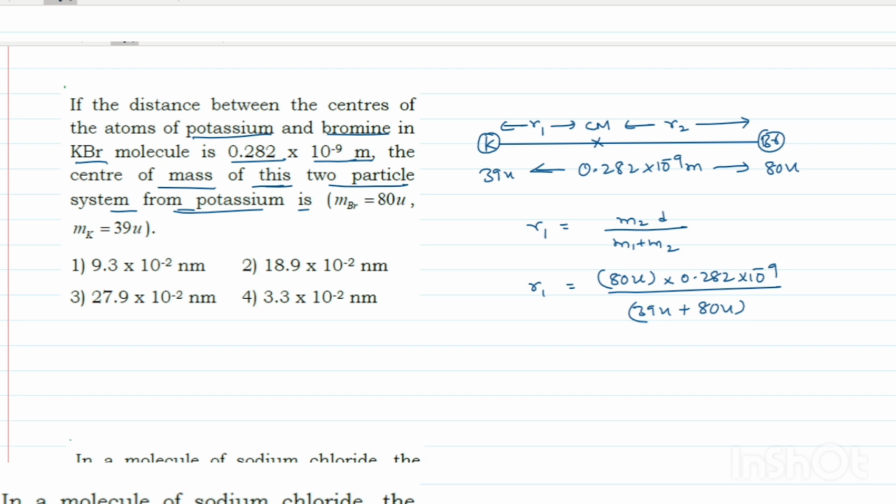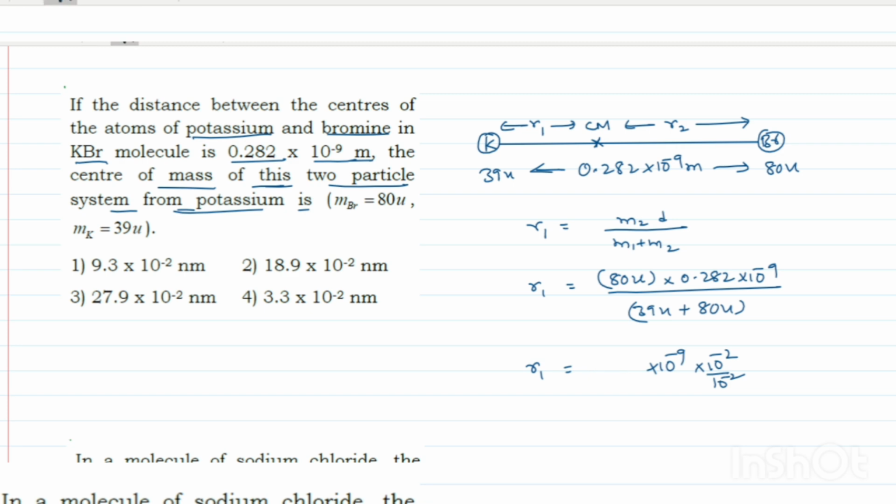When you are simplifying this R1 value, the distance of the location of the center of mass from the potassium atom, you will be getting nearly 18.9 into 10 power minus 9. When calculating, you just multiply and divide this value by 10 power minus 2.